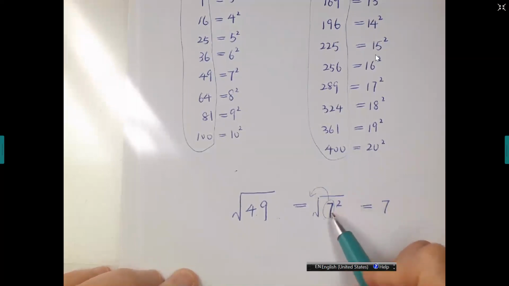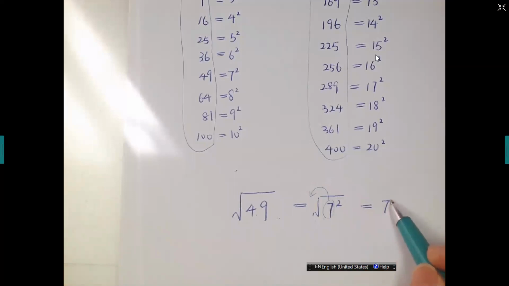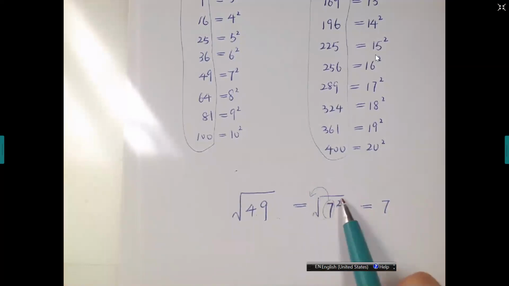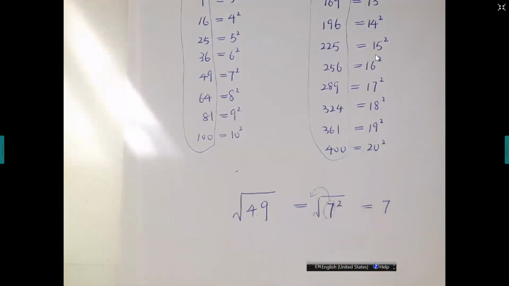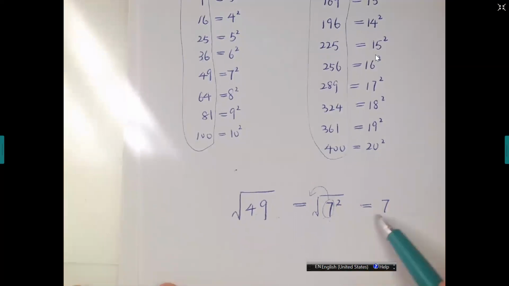So 7, because 7 has a square within the radical symbol here, so 7 can be moved out. And its exponent turns into 1. We don't have to keep the 1 here. Or you can remember my words here, the square and radical symbol, those two are opposite, so those two operations cancel out. We have only 7 left.